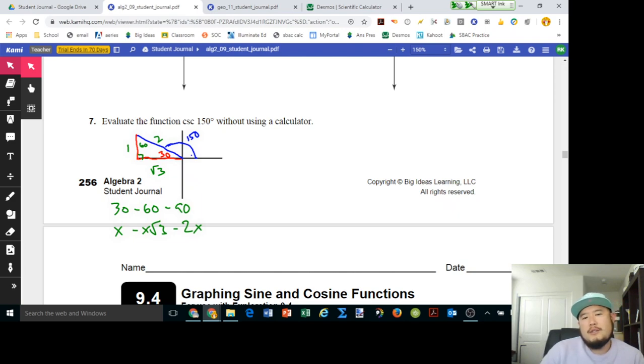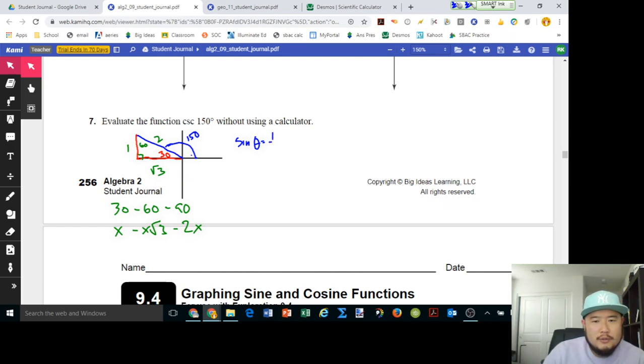So let's go ahead and figure out, well, remember, the inverse of cosecant is sine. So let's use the reference angle first. I'll start off with sine theta, or we actually know what the reference angle is, so we can say sine 30, and sine is opposite over hypotenuse.